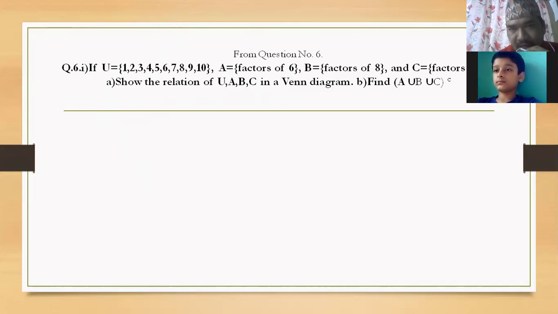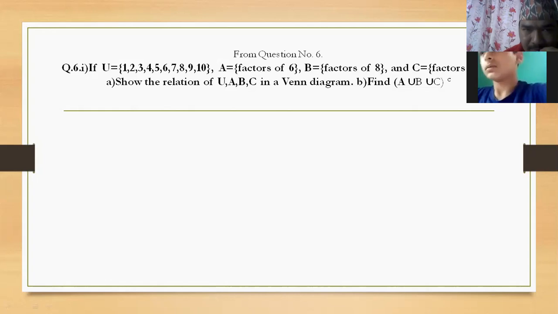Set B is the factors of 8, those numbers which can divide 8 exactly. And similarly, set C is the factors of 9, those numbers which can divide 9 exactly. They are called the factors of 9.